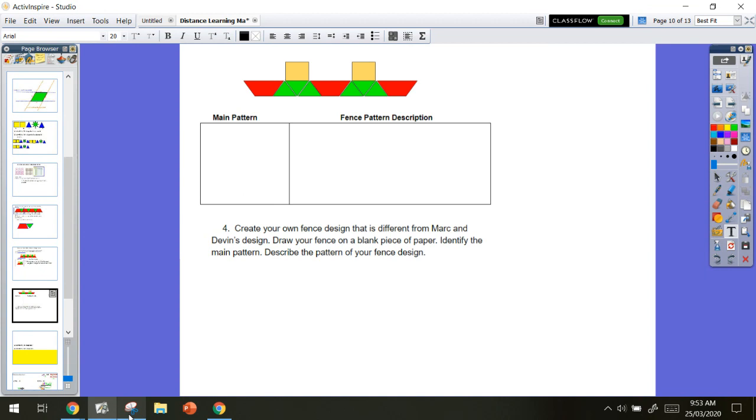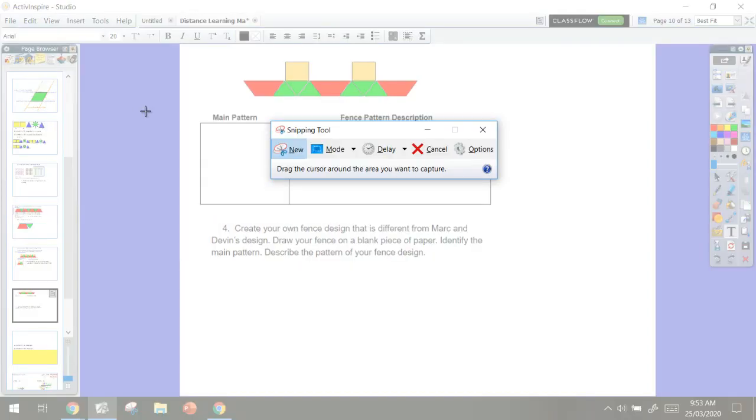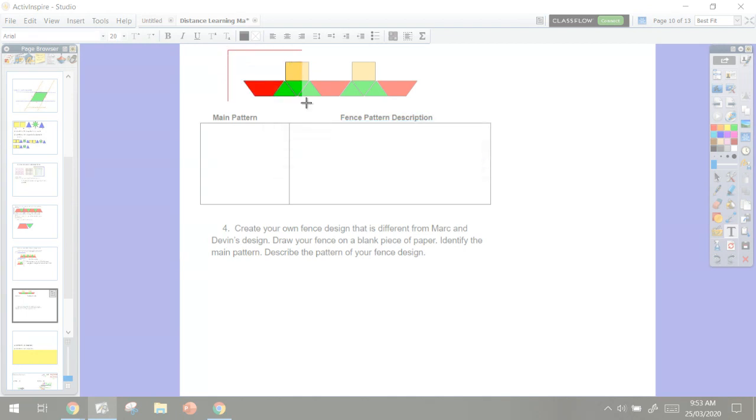All right, Tiger, what do you think? What's the main pattern? The main pattern is trapezoid, three triangles, and a square at the top.